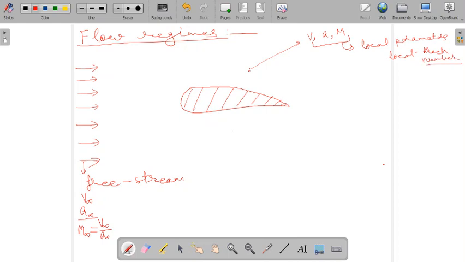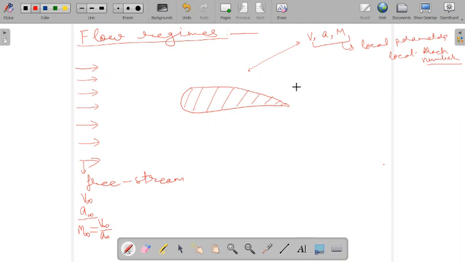Is this point clear? So the value of Mach number corresponding to the free stream is called the free stream Mach number, and whenever I calculate this at any arbitrary location, I call it the local Mach number. Now depending upon the Mach number, we will have different situations.